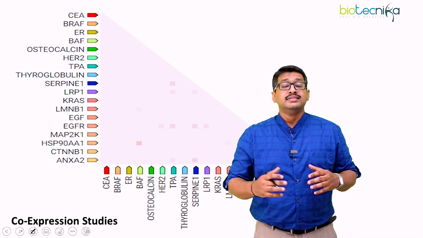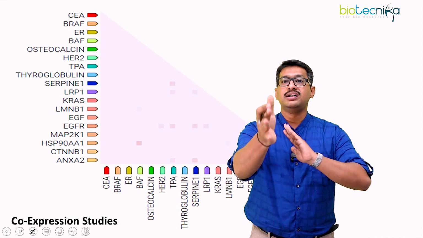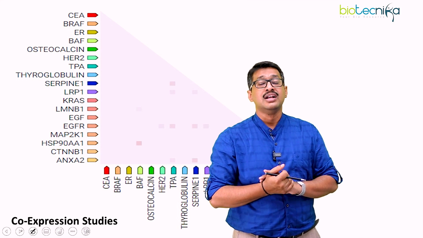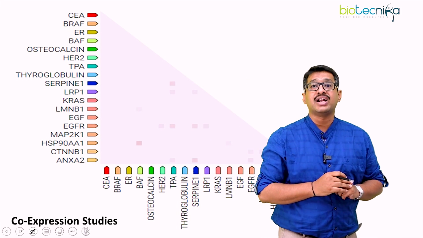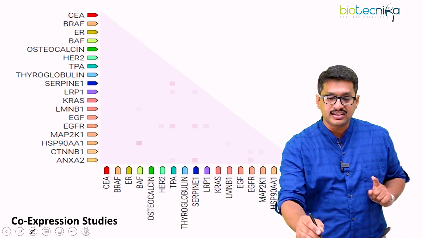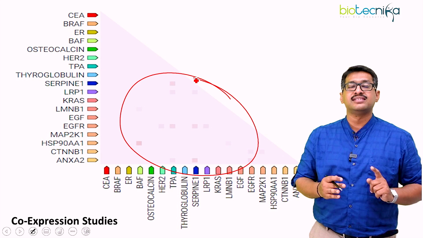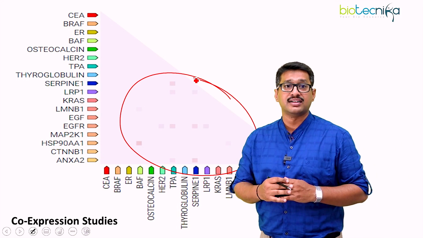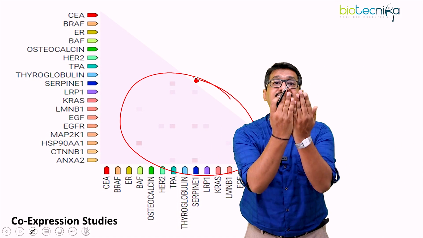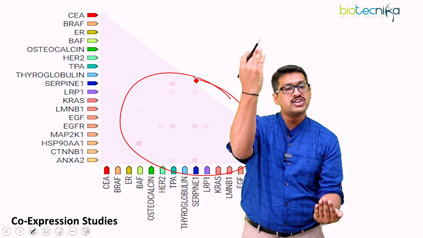Now, this database does not just give you a network which talks about the expression and other things, but it will also make you understand the co-expression between the genes and the proteins. Wherever you see this component, on your x-axis and y-axis you have these particular biomarkers, and how these biomarkers are interconnected, and expression of one could lead to the downregulation of the other.